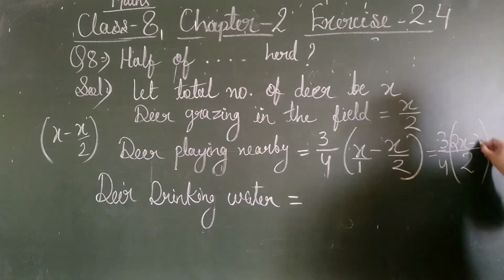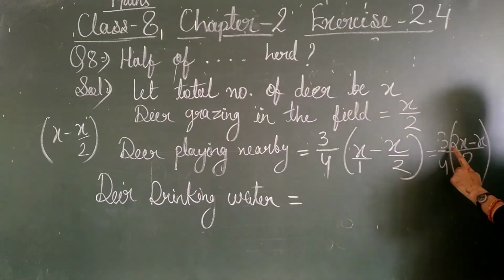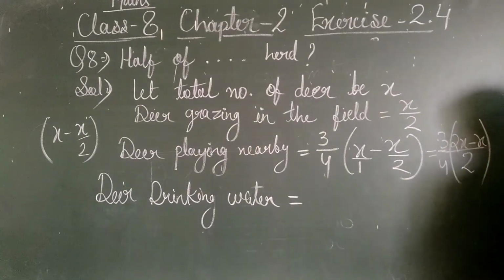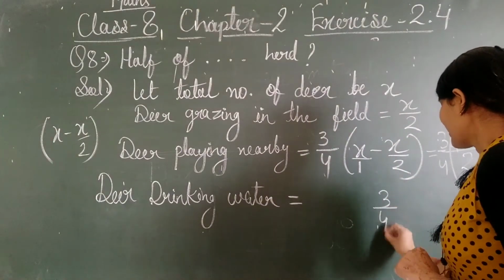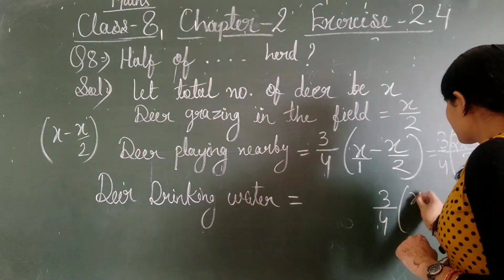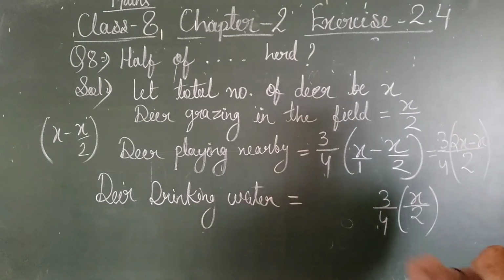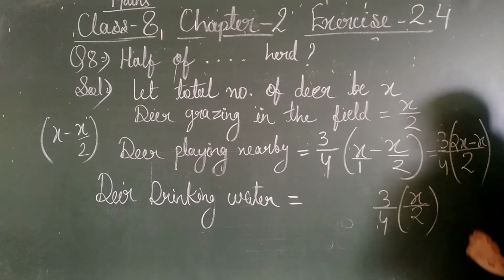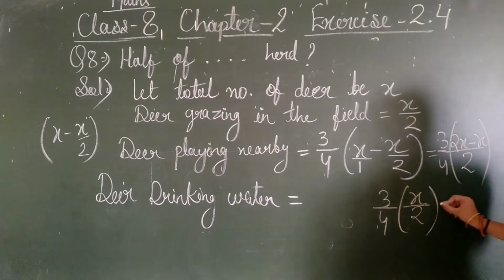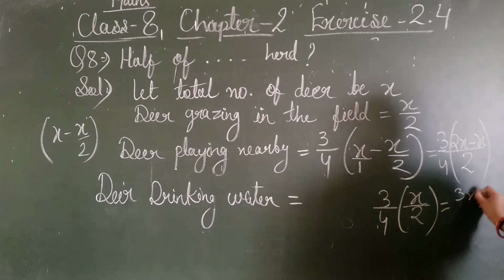That means x is as it is. Okay. Now 2x minus x, what will you get? Simple. 2x minus x, you will get x upon 2. Okay. So here 3 into x is 3x and 4 into 2 is 8. So 3x upon 8.